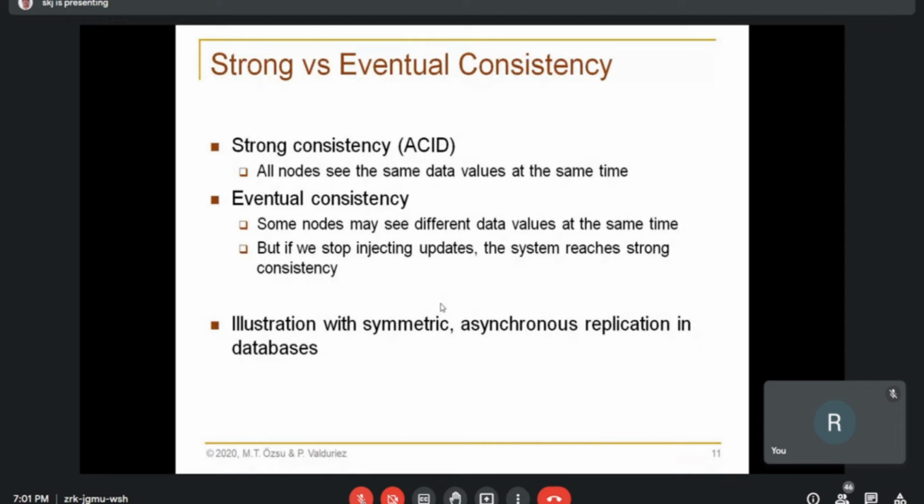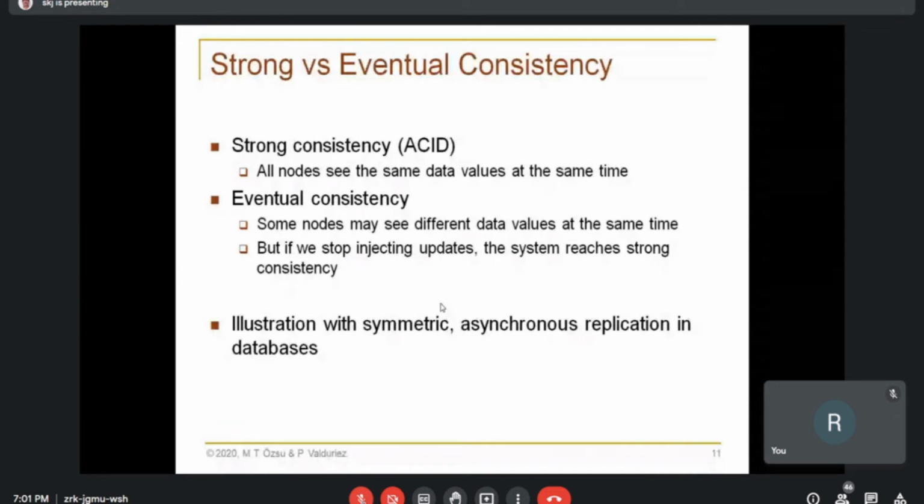Some nodes may see different data values at the same time, but if we stop injecting updates, the system reaches strong consistency. It is simply saying that suppose I have changed my address and I am not going to update it again. Then after some time, my old address will be updated and people will get the current address.